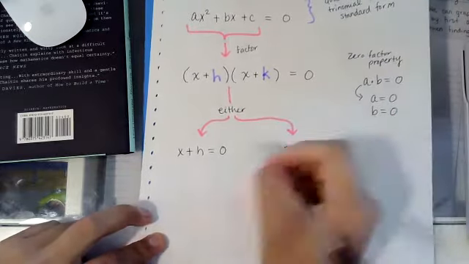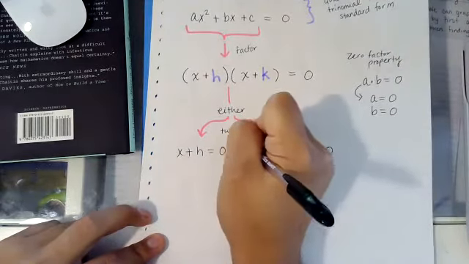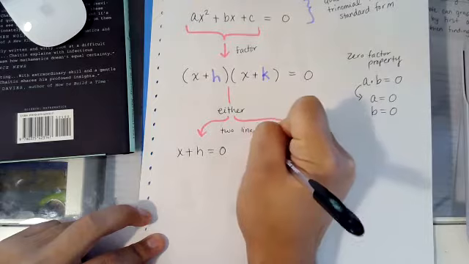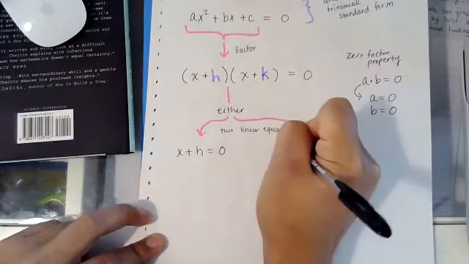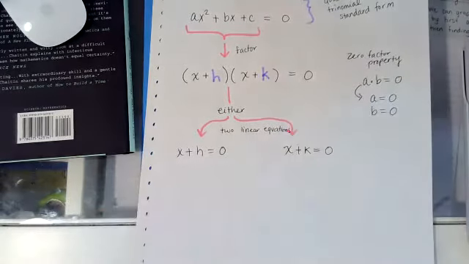So what we get is two linear equations that now we need to solve to isolate x.